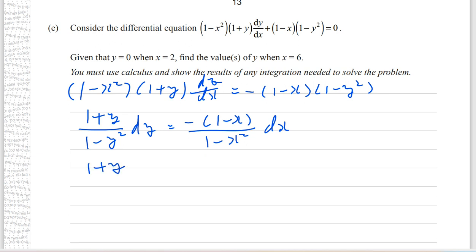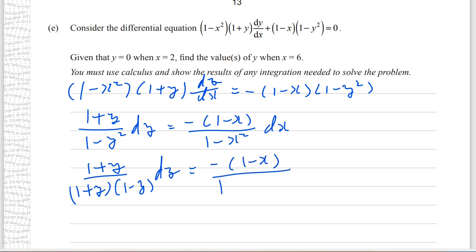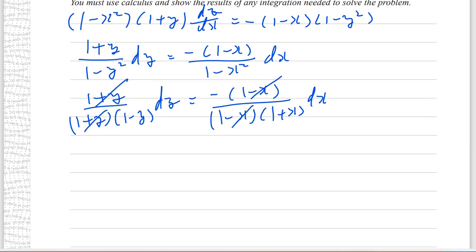So that leaves (1 plus y) times (1 minus y), isn't it? dy. And on the right hand side, minus (1 minus x) over (1 minus x) times (1 plus x) dx. Simplifying. Now, before I do that, I'm going to switch the sign.